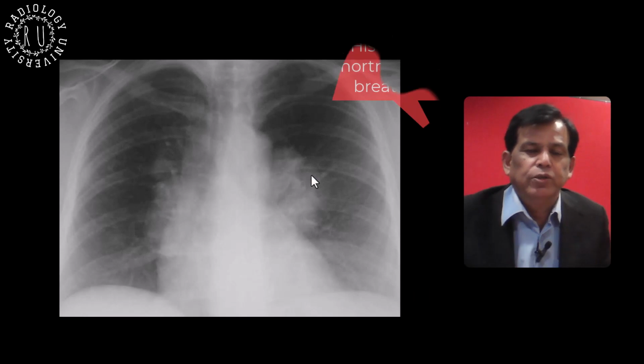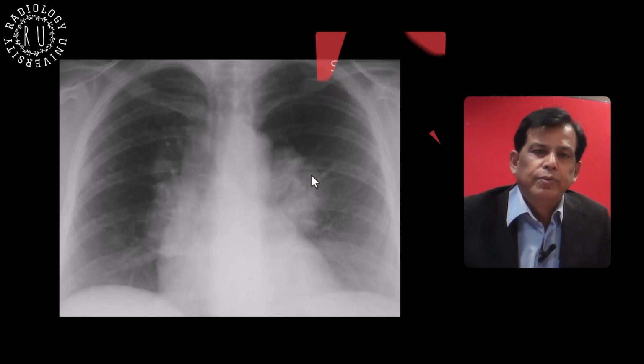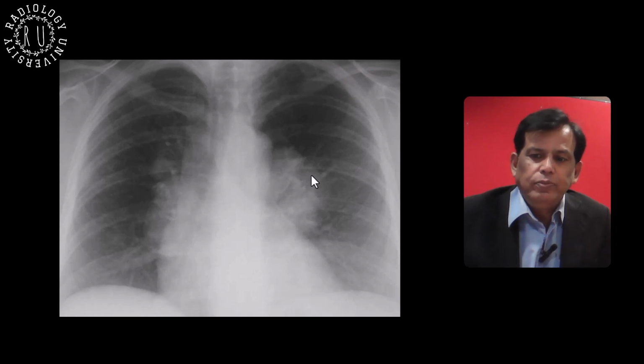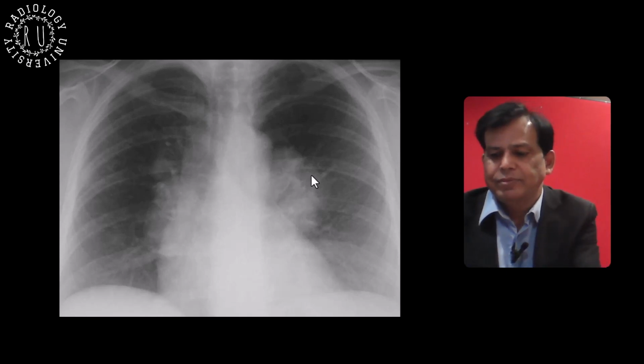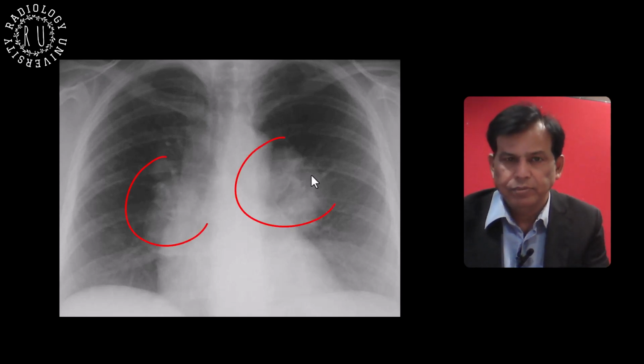Welcome to the exam. This is the first case, a patient with shortness of breath. I'm given a frontal radiograph of a skeletally mature patient. Looking at the bilateral hemithoraces, the lung fields appear normal. I can see that both the hila are bulky and have a convex outer margin.